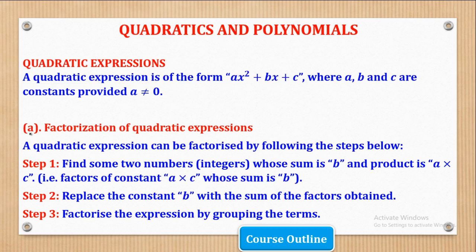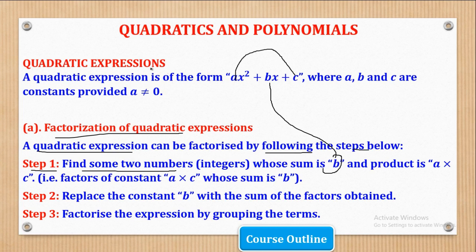Now let's learn something about factorization of quadratic expressions. A quadratic expression can be factorized using the following steps. The first step is to find 2 numbers or integers whose sum is equal to b, remember b is the coefficient of x, and whose product is equal to a times c, where a is the coefficient of x squared and c is the constant.